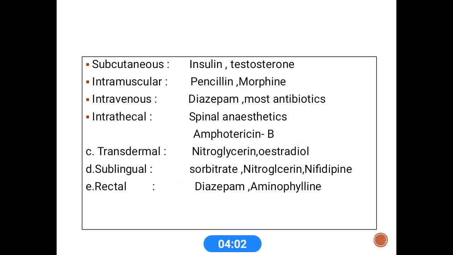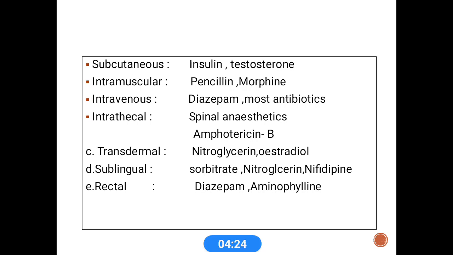Intrathecal: the drugs are administered into the subarachnoid space of the spinal cord. Mostly spinal anesthetics are the preferred drugs. Another example is amphotericin, an antifungal drug, which is administered intrathecally for fungal meningitis. Transdermal: nitroglycerin and estradiol.